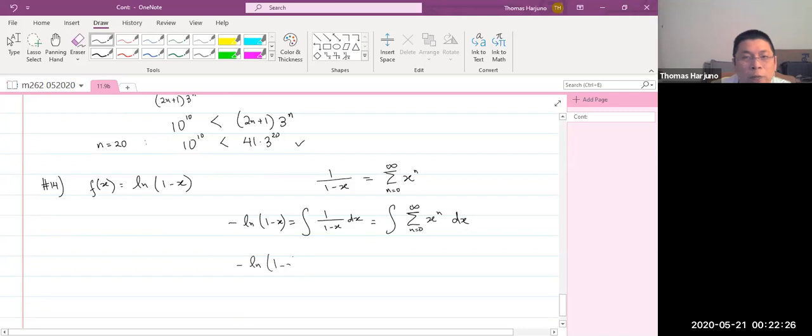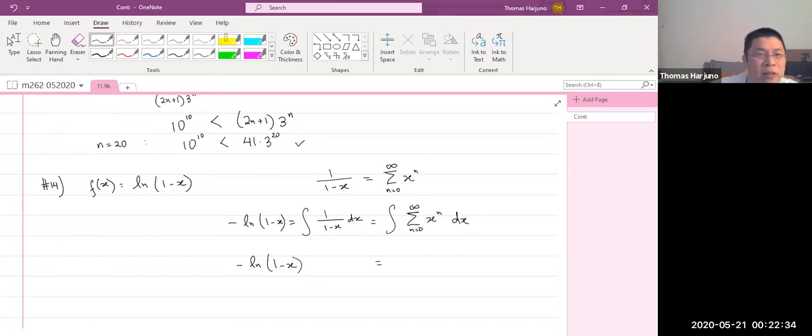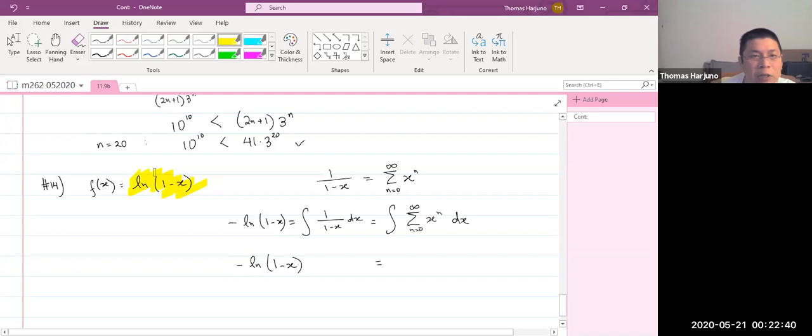Therefore, what makes this section difficult today is the fact that you need to be creative enough to find out how to get this. If you don't know how to get this, nothing can be done. You have to be creative enough: what do you do to this 1 over 1 minus x such that you can get that thing?